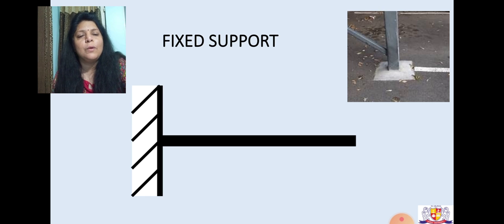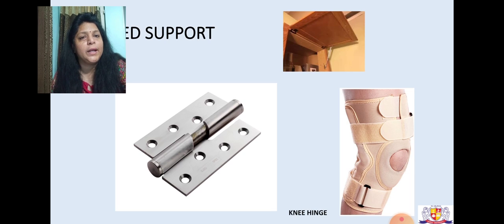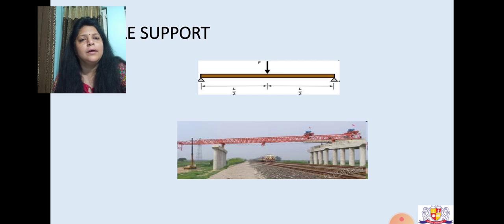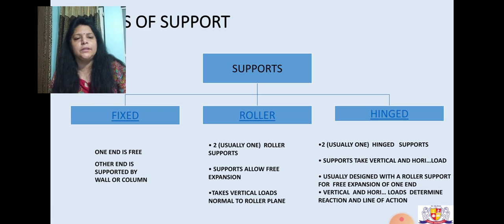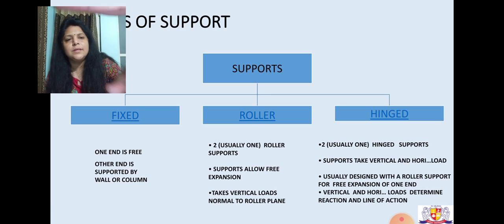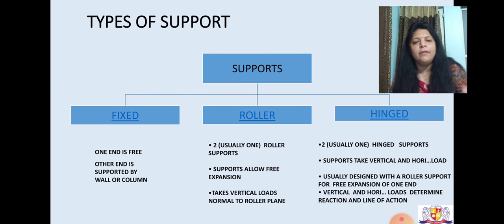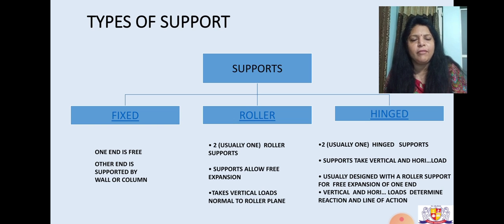Okay, so this is going to come to an end. I'll give you one brief table which I have shown over here, with the roller support, hinge support, and fixed support.